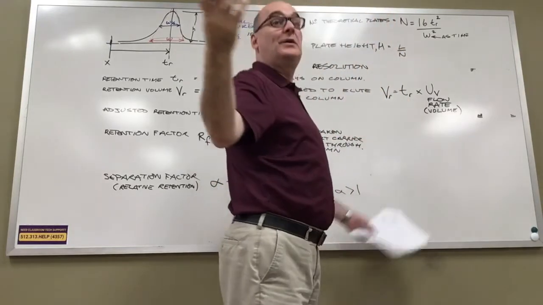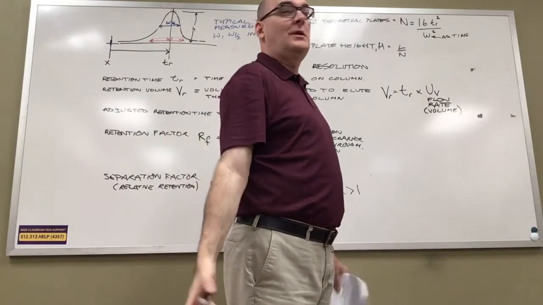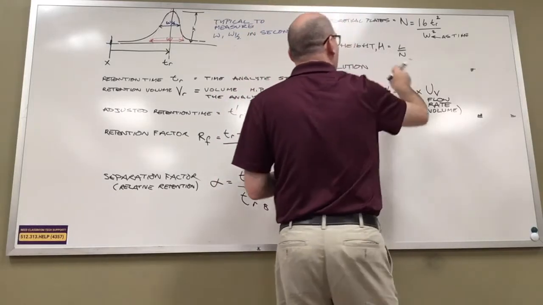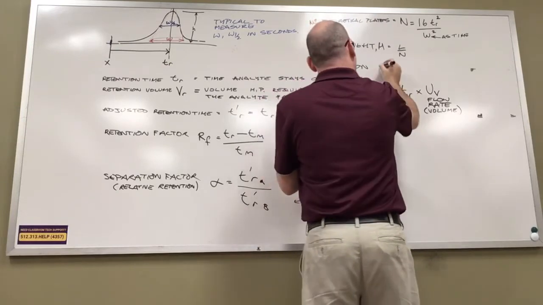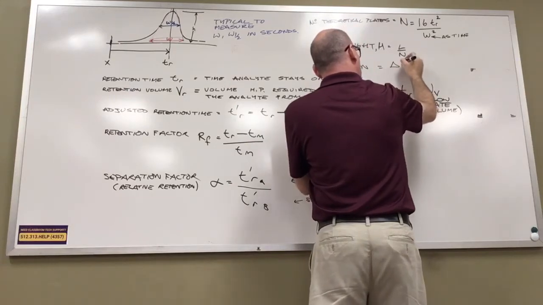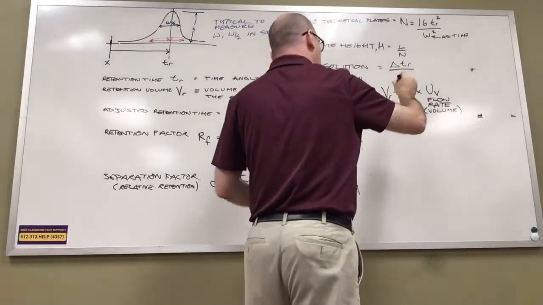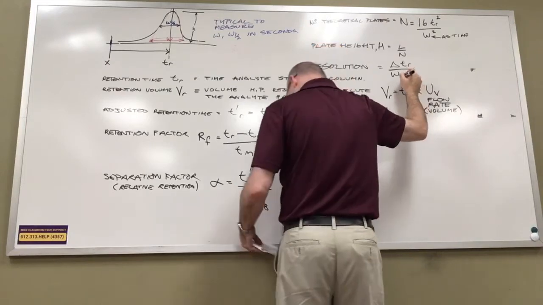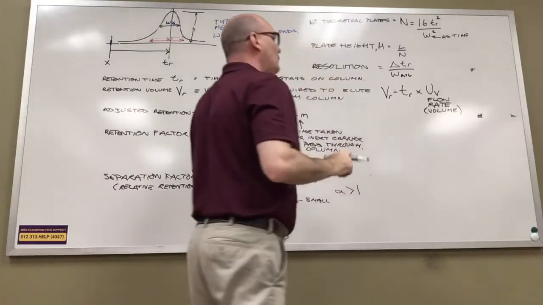Resolution doesn't have an abbreviation. It's not R, it's not K, it's just called resolution. And this is kind of the important thing at the end of the story. And they've not given it a dimension yet. This is the difference in retention time divided by the average width.